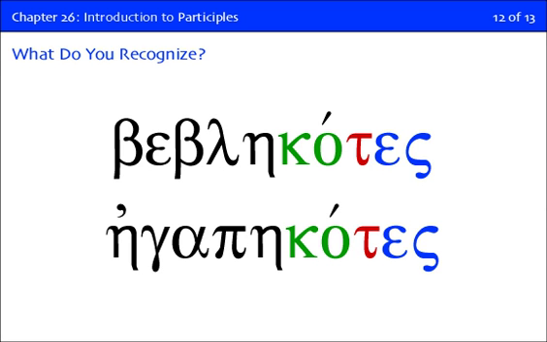The lengthening of the vowel looks just like an augment, but it's not an augment, is it? What does the lengthened vowel in the perfect indicate? Completed action, not past time. It indicates completed time, and therefore, you don't lose it in the participle.